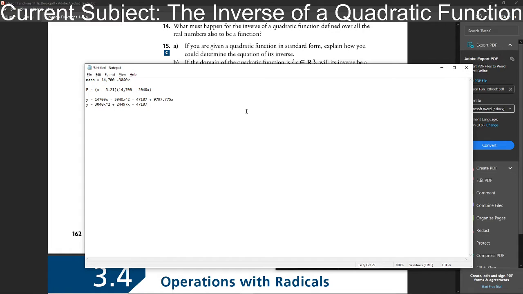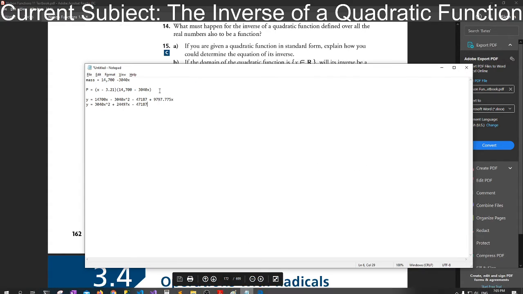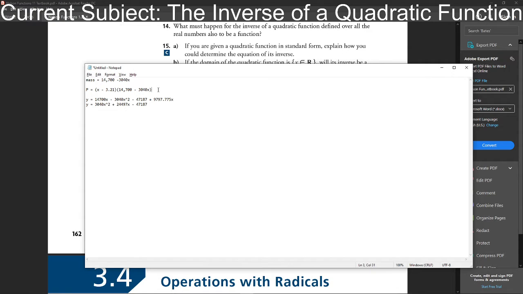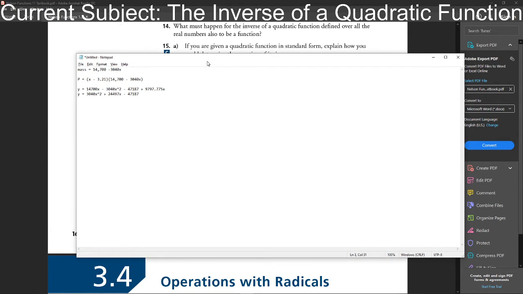You could leave it factorized. What was the original question anyways? Find the equation for the inverse. Interpret its meaning. We could have left it factorized. So you're saying we could find the inverse while it's factorized?